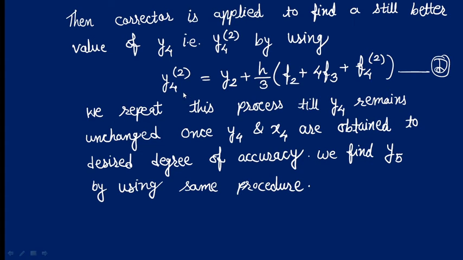Otherwise, we have to find out the next value y4 of 3. Continue this process until the value of y4 at x4 is obtained to the desired degree of accuracy, and we find out y5 by using the same procedure.